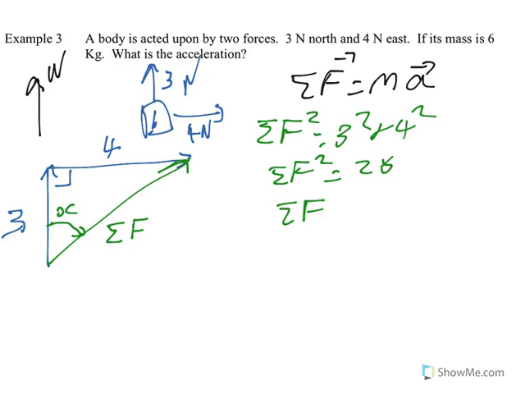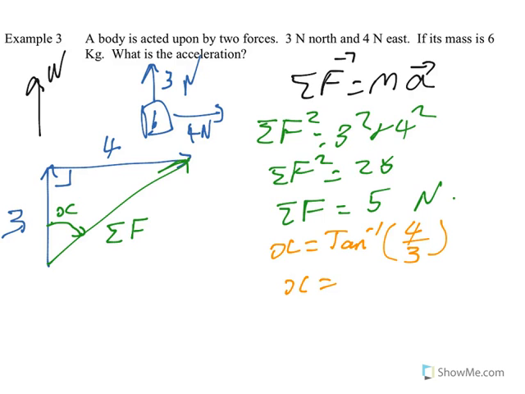So the sum of the forces, square root that, is 5 Newton. Now, of course, we've got a direction in there, and so direction X, if we're using tan, it's opposite over adjacent, so that's 4 over 3, and so we find that that angle is 53.1 degrees.